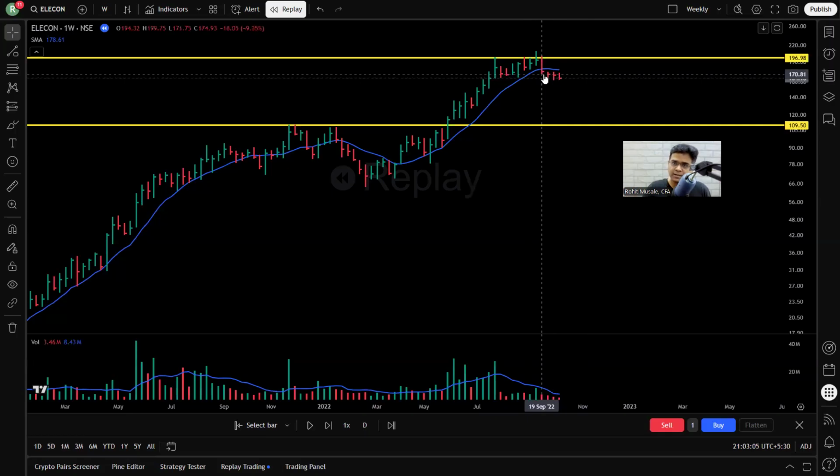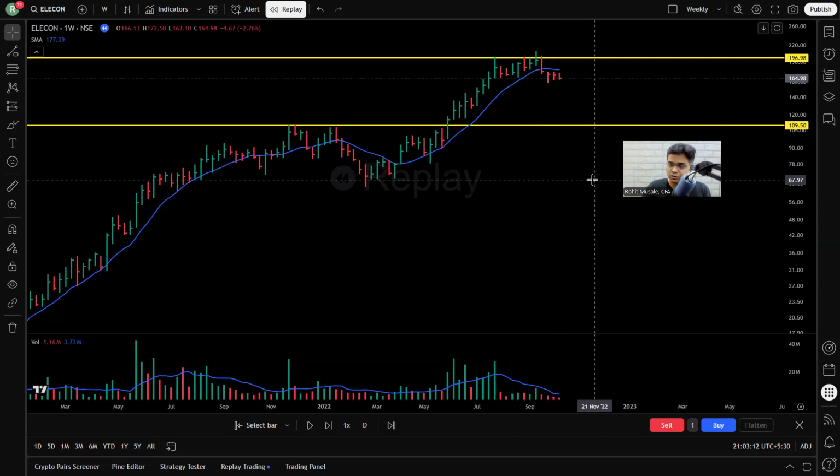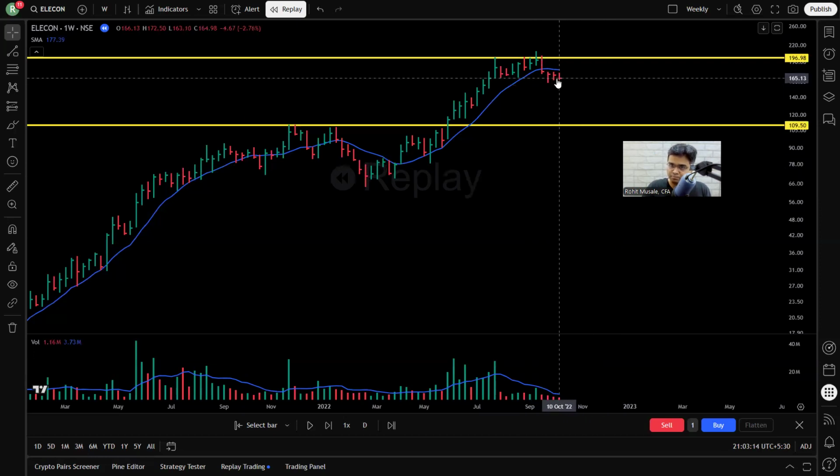We use that as a signal to sell because we don't know what is going to happen next. It could completely collapse. But for those stocks that don't collapse, if they bounce up from here, go back again above the 10-week simple moving average, the trend could resume. So just because a stock closes below the 10-week simple moving average does not mean that the trend is finished. Just because the base fails does not mean that the trend is over.